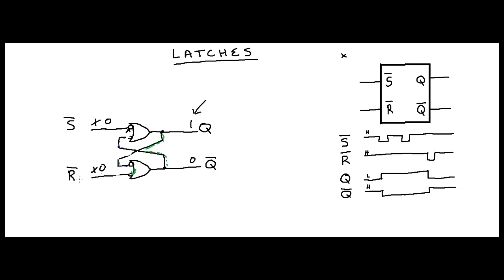The same holds true for reset. If you drop reset or make it active, that inverter bubble right there is going to make it a 1. A 1's going to come out, so this is going to be high.